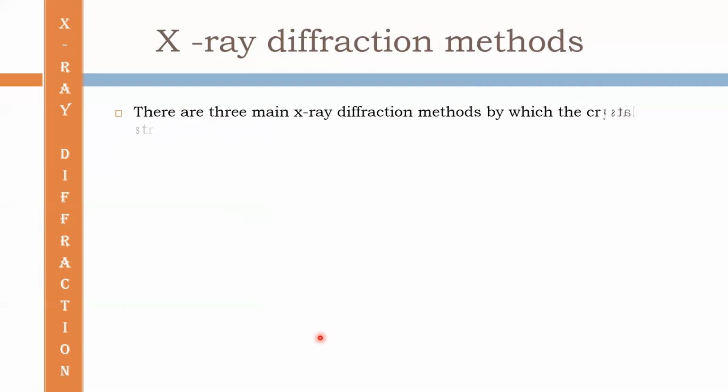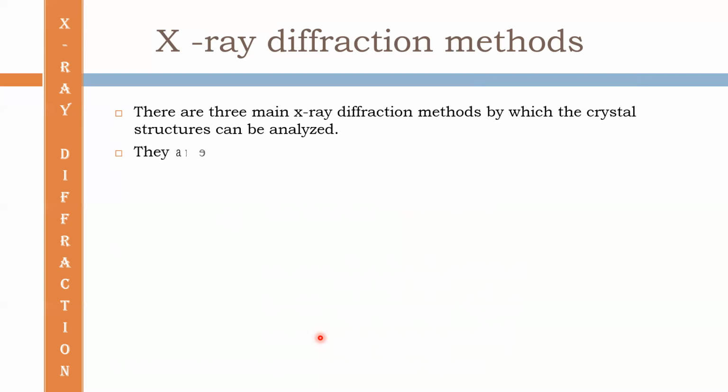Now we discuss the X-ray diffraction methods. There are three main X-ray diffraction methods by which the crystal structures can be analyzed. The basic principle of all the methods is X-ray diffraction.